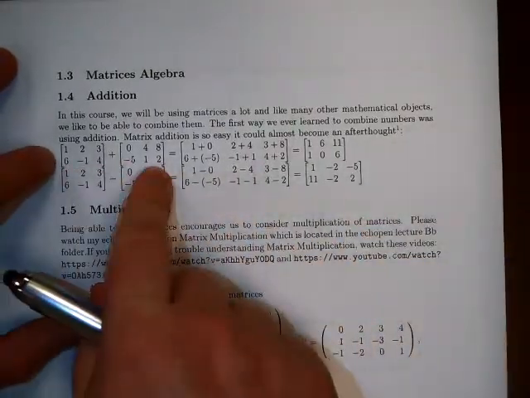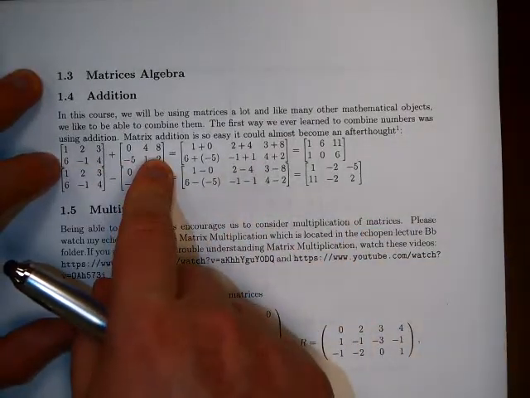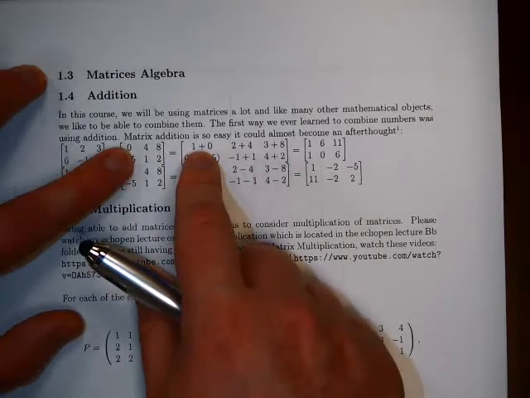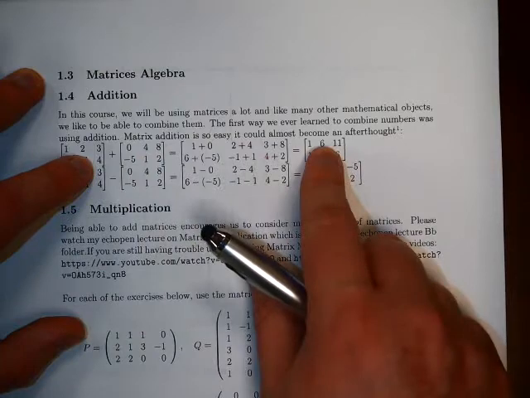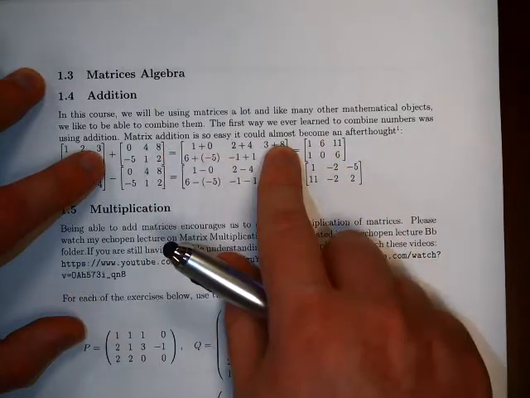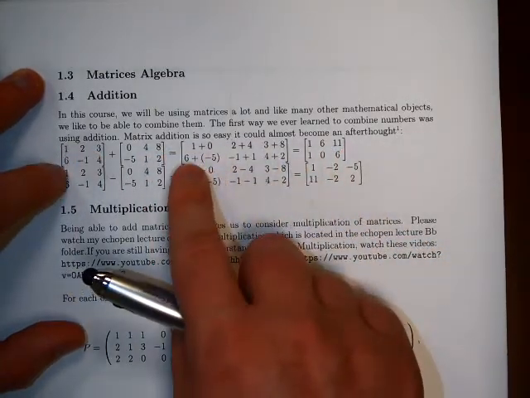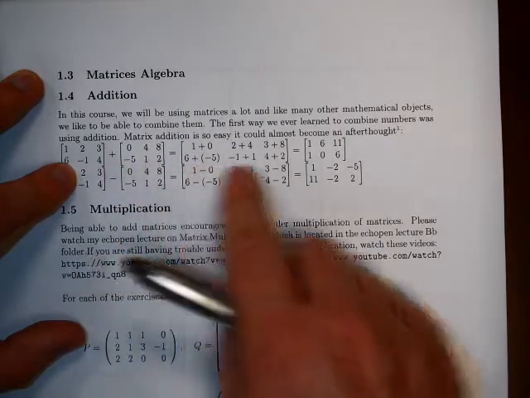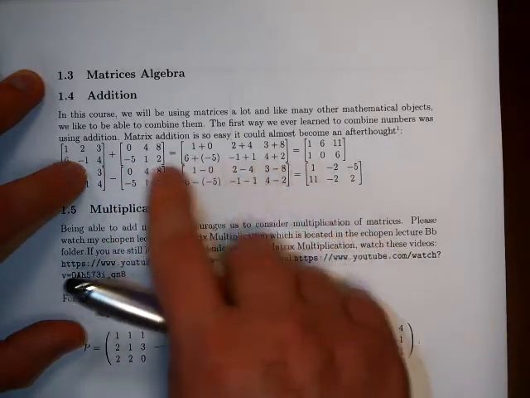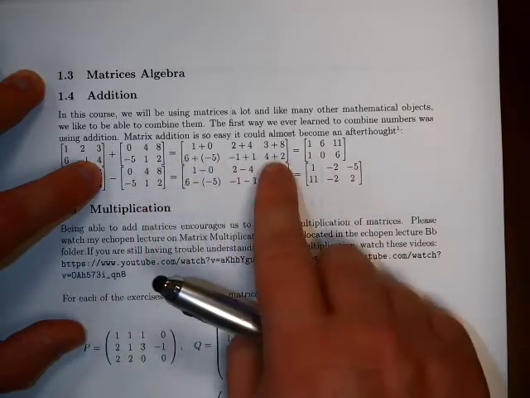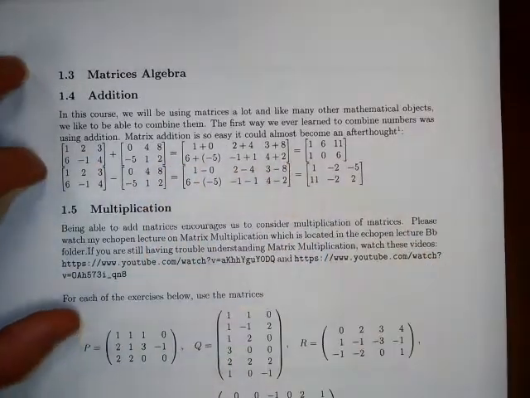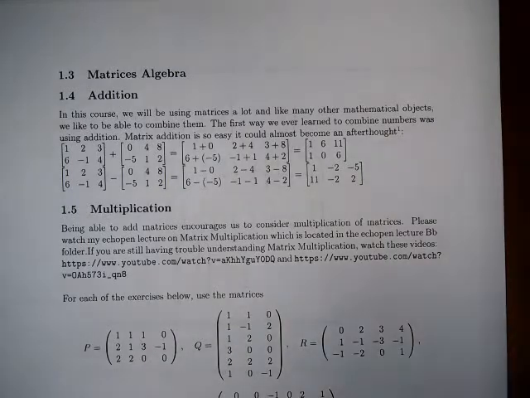So for example, if we wanted to add these 2 matrices together, we would take 1 plus 0 to get 1, 2 plus 4 to get 6, 3 plus 8 to get 11, 6 plus negative 5 to get 1, negative 1 plus 1 to get 0, and 4 plus 2 to get 6. And so adding matrices is going to be very simple for us.